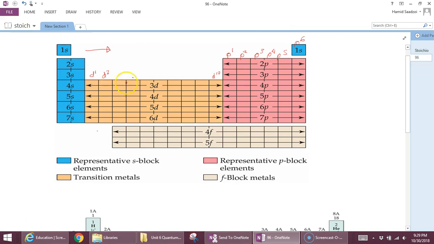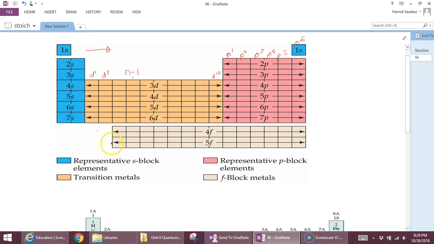One thing you want to note about this, actually two things, is one, S and P just follow the shell number. So you can see this is period 1, 2, 3, 4, 5, 6, 7. Whereas the D block is the shell number minus 1. So you can see the D doesn't begin at 4D, it actually begins at 3D, even though it's in the 4th period. F is also weird.